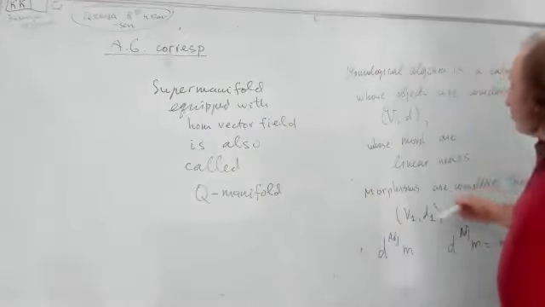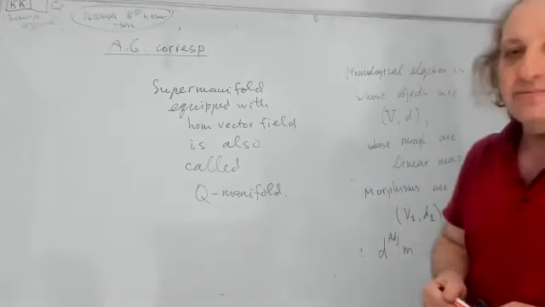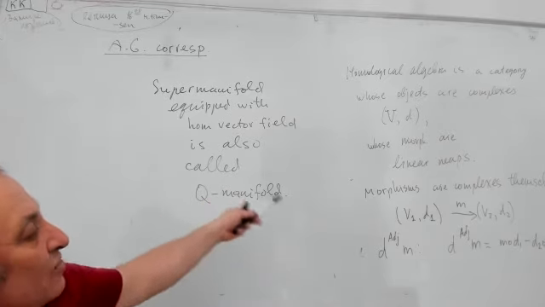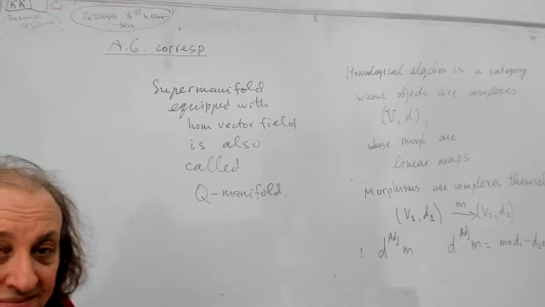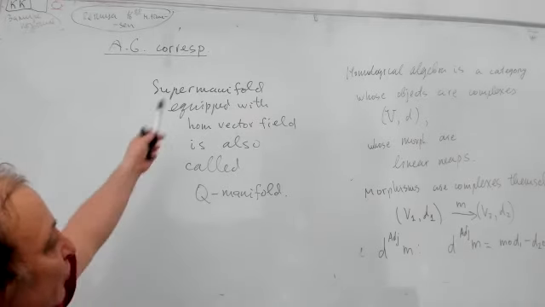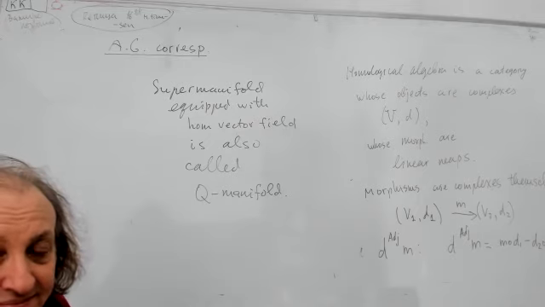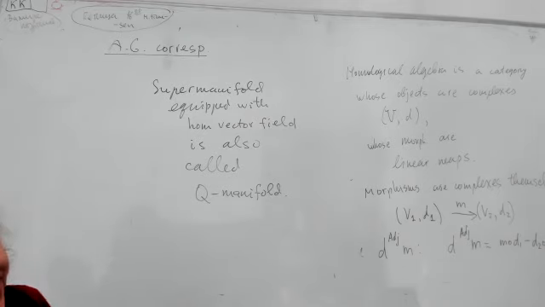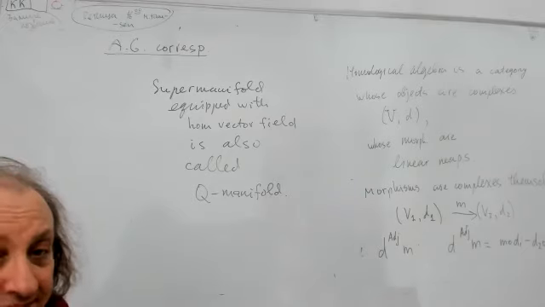So how is homological algebra related to the theory of Q manifolds? Homological algebra is just linearization of the category of Q manifolds. And it's a thing that Bourbaki and Grothendieck never realized.